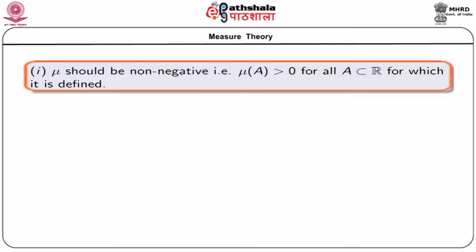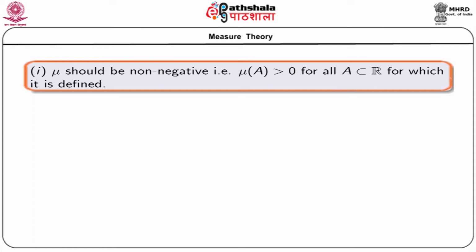Now, if we consider a length-like function which we will call a measure, we should first understand what its desired properties should be. That is, we should first understand what properties of the measure we are expecting.